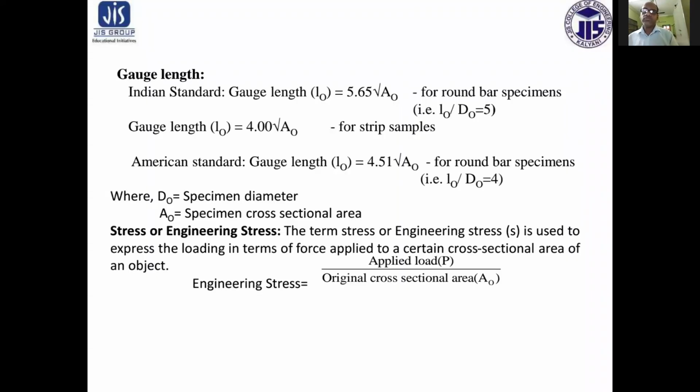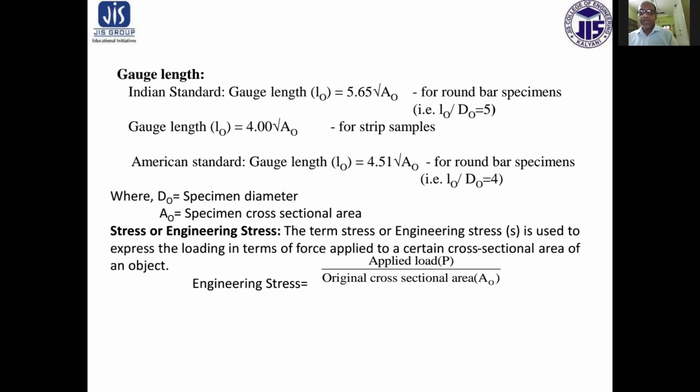According to the ASTM and the Indian standard, the gauge length L0 is equal to 5.65 root over A0 for a round bar specimen, that is, L by D ratio equal to 5. Gauge length L0 is taken as 4 root over A0 for a strip sample.